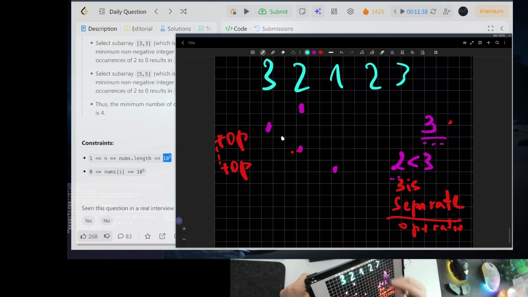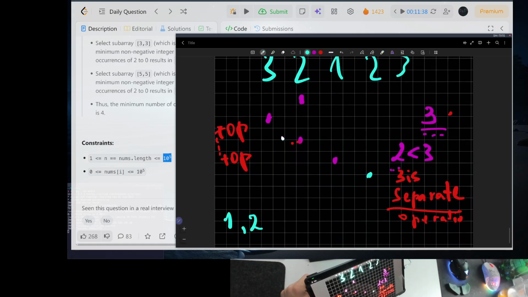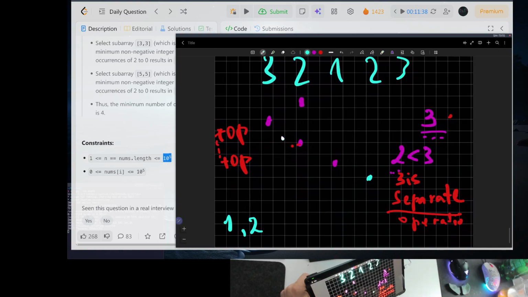Then we visit the number 2, and what can we say? We have in our memory the numbers 1 and 2. That's all, because if we have any subarray, starting from number 1 or starting from number 2, we have to choose the minimum of 1.